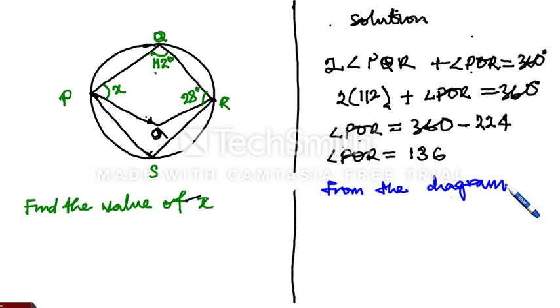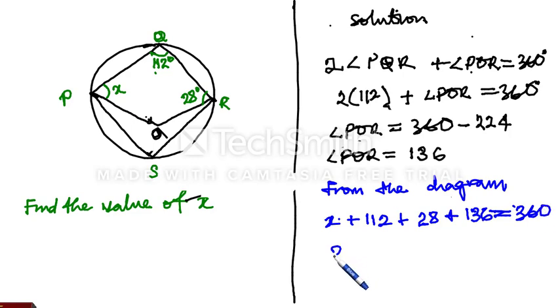We realize that we got x plus 112 plus 28 plus the angle POR, which is 136, must be equal to 360. So if that is the case, then what will be the value of x now?